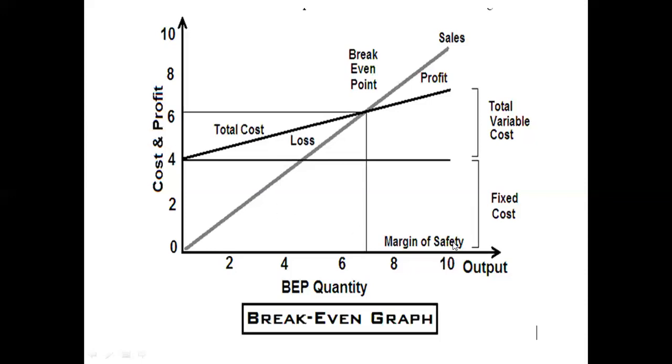Whereas output, either in quantity or in percentage capacity, is represented on the horizontal axis. So this is the revenue line and this is the quantity line. Okay, so it is represented on the x-axis.